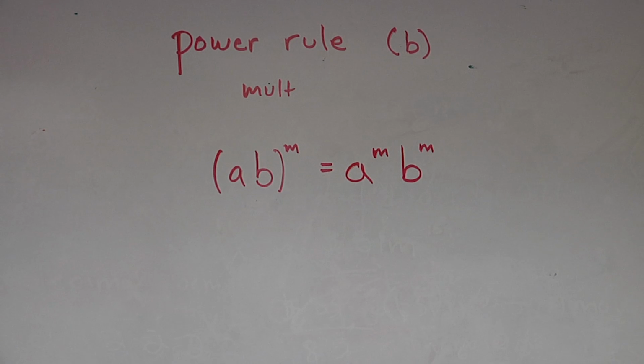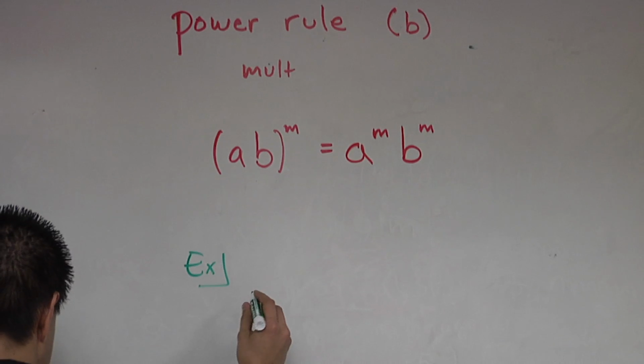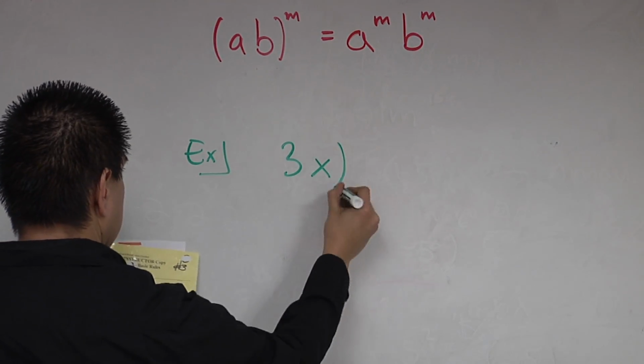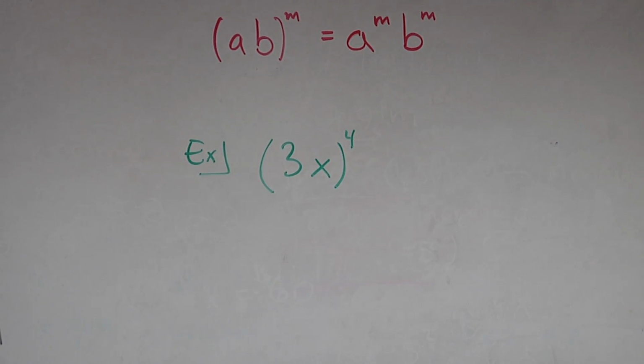Okay, so let's try an example of this one. Again, in order to see where this comes from, we could do the whole tedious approach of expanding them out. Let's do an example: (3x) to the 4.